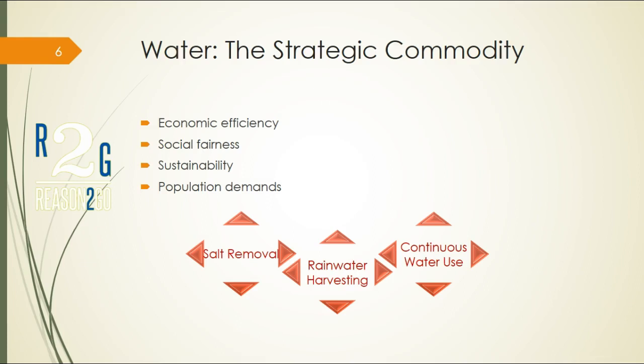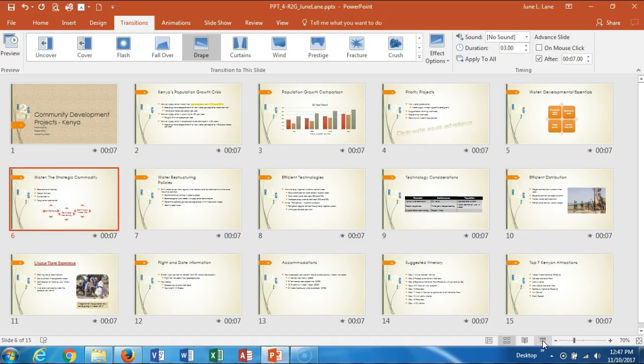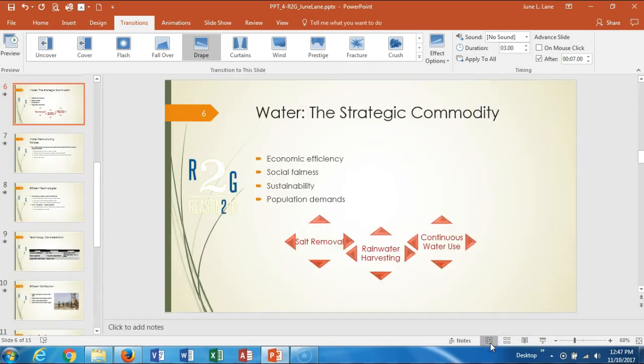I'm getting impatient, so I'm actually going to pop out of here. I'm going to hit the escape button because we have 15 slides. I want to go back to a normal view, I think. Yes, let's go back to a normal view. So I'm going to come down here and go back to a normal view.